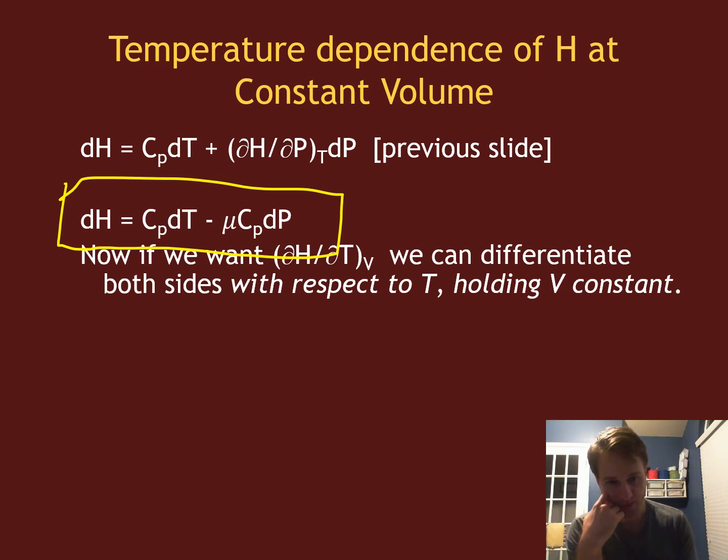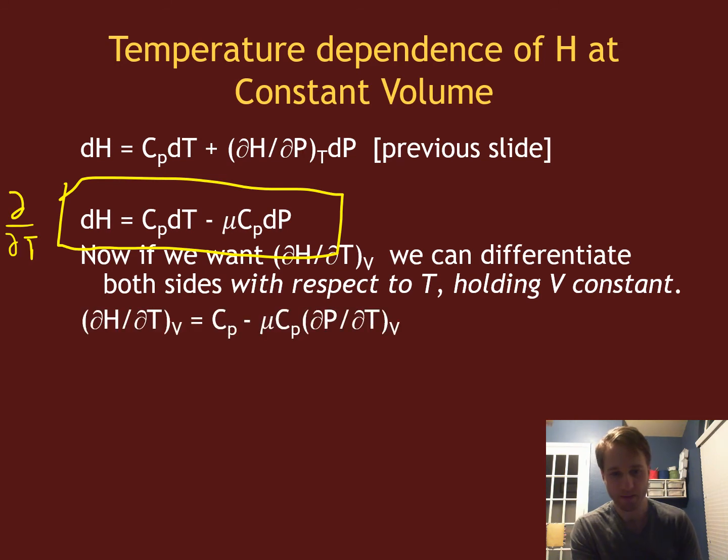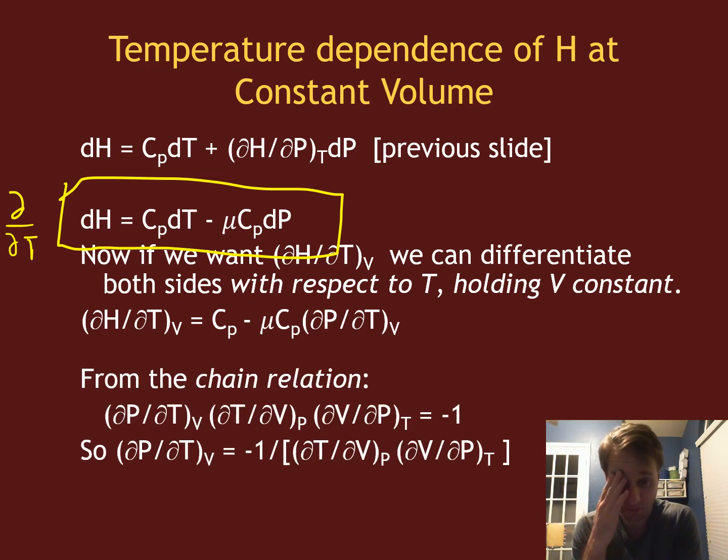So again, we're just going to take the derivative of this entire thing, del T under constant volume of everything here, and that just gives us Cp minus mu Cp del P del T under constant volume.